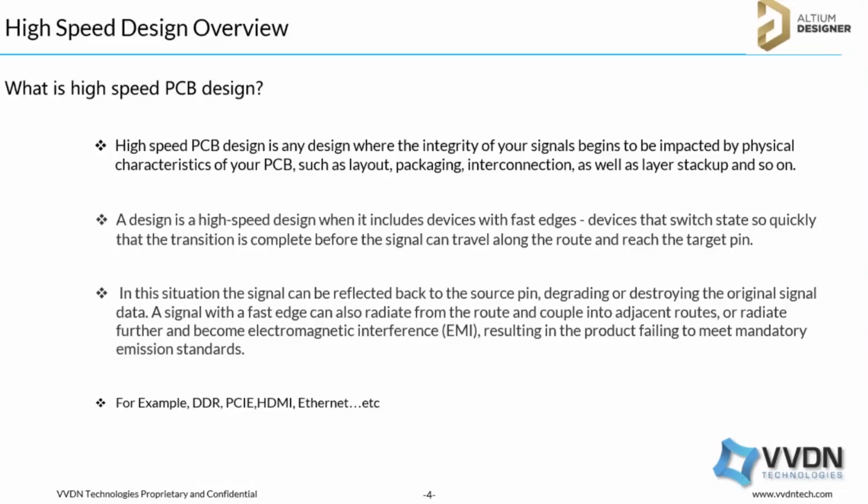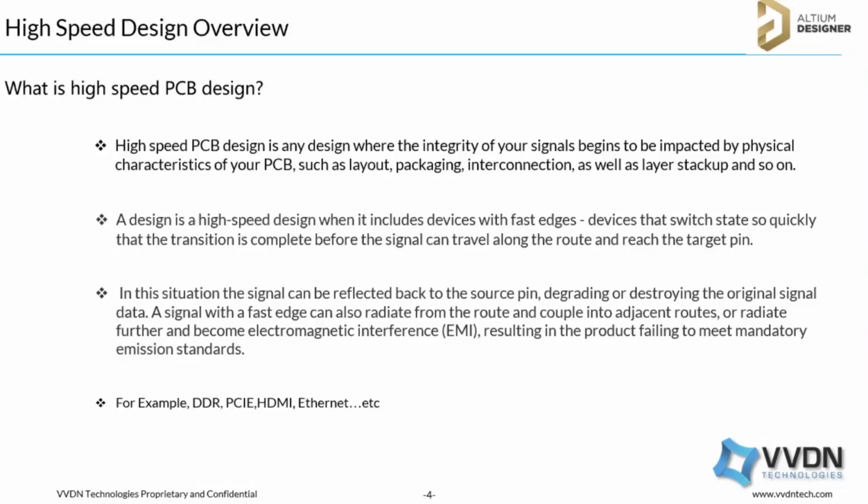So if the signal can switch the state so quickly, what issues will we face? The signal reflects back to the source, which we call a reflection, and we will not get the original signal in the receiver. Due to this we may have EMI issues, crosstalk, and many other issues that we will see in the next slides, right?